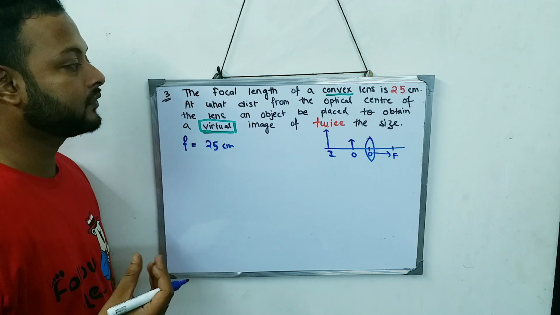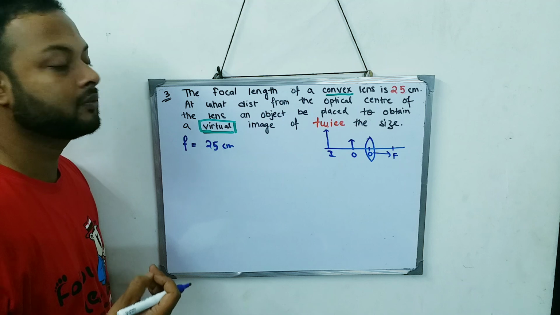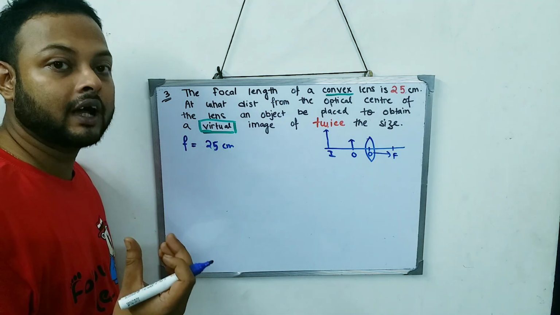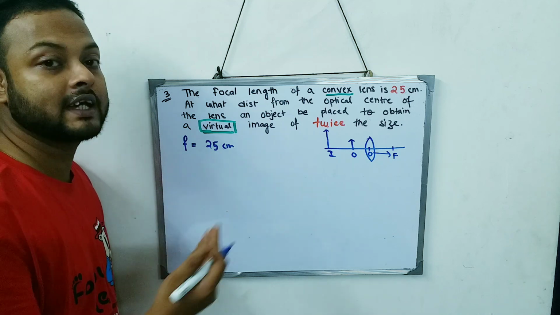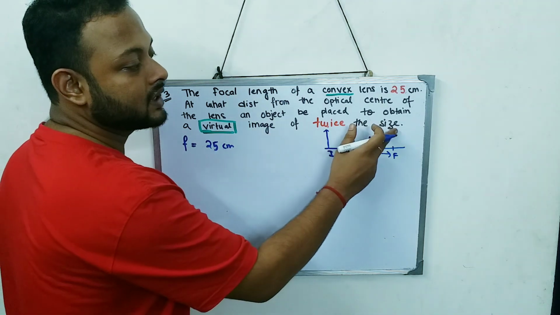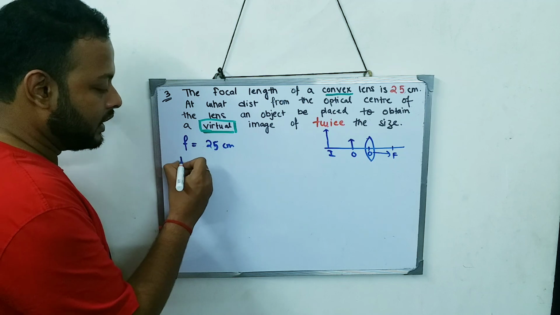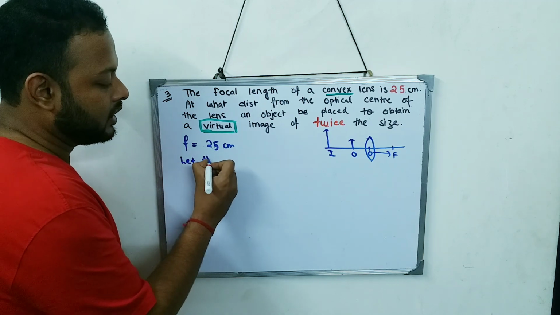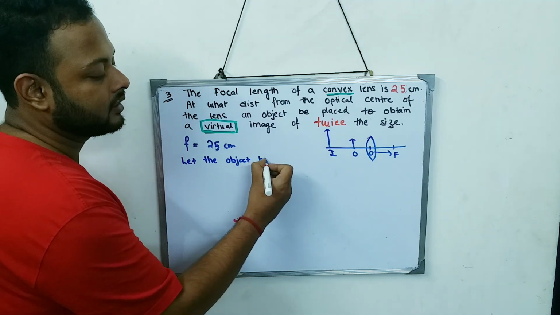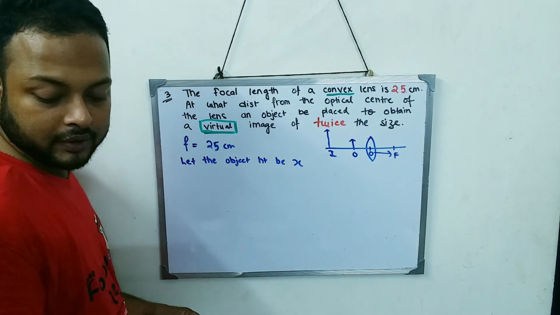Now over here, at what distance from the optical center of the lens is an object placed to obtain a virtual image of twice the height? Means what? The image height is twice the size of the object. Actually this sentence means the virtual image is twice the size of the object. So what I will do, let the object height be x.